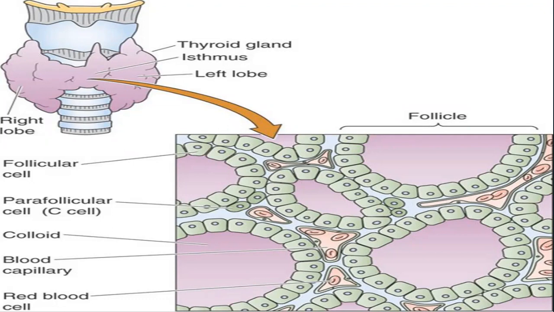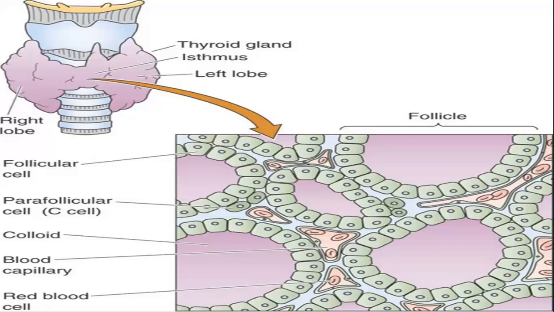So what is the function of these thyroid follicles or follicular cells? Mainly, they secrete two important hormones, T3 and T4. T3 is triiodothyronine and T4 is tetraiodothyronine.